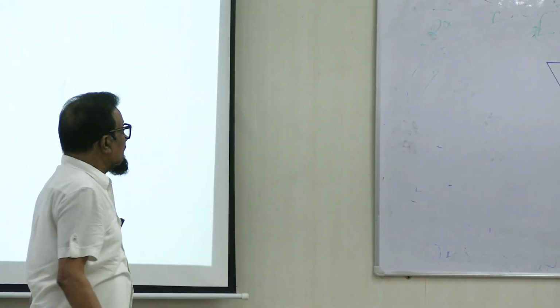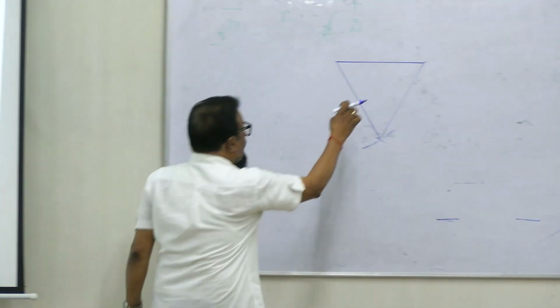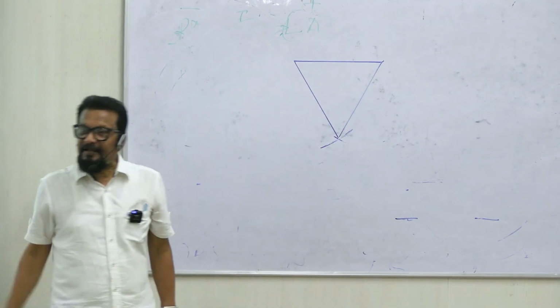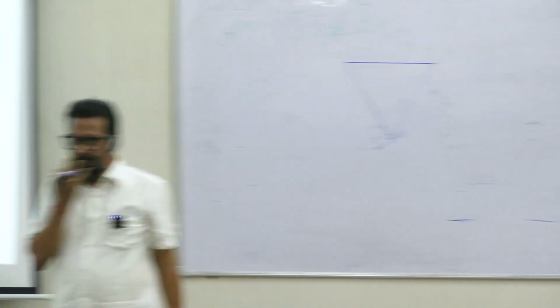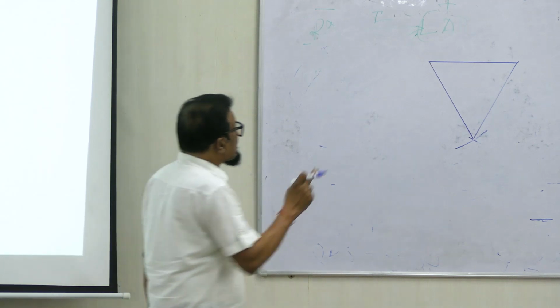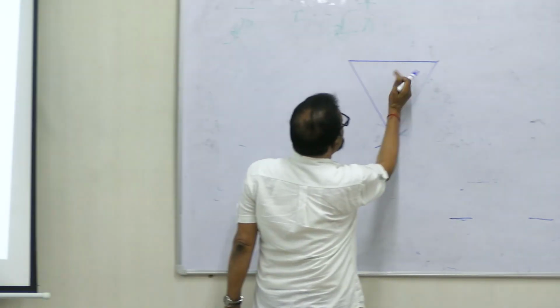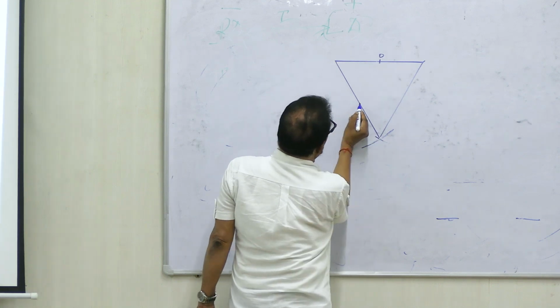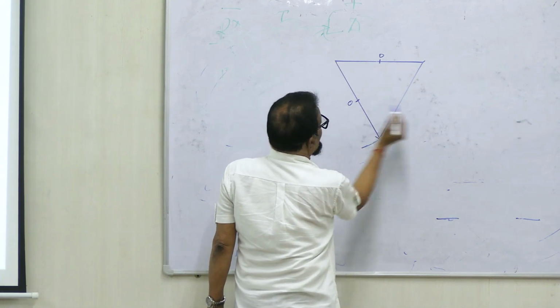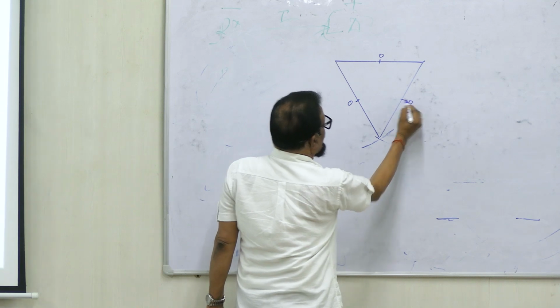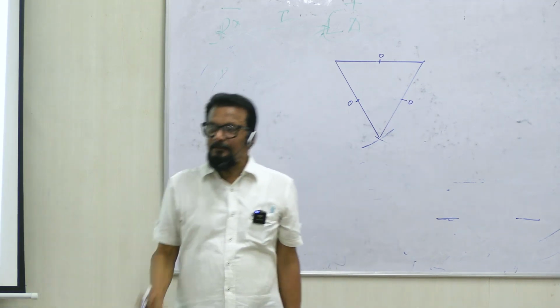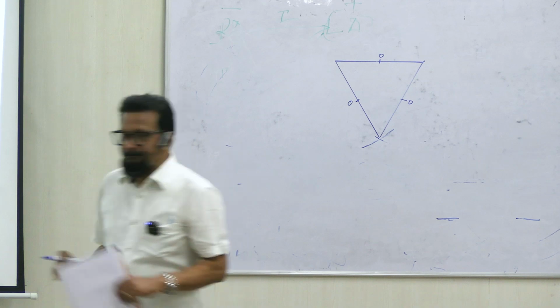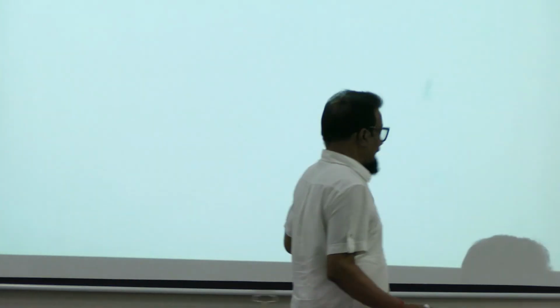Then you have to find the midpoint of this triangle. How can you do it? First find the center of each side. Suppose this is the center, 0. From the center, you draw a perpendicular line.